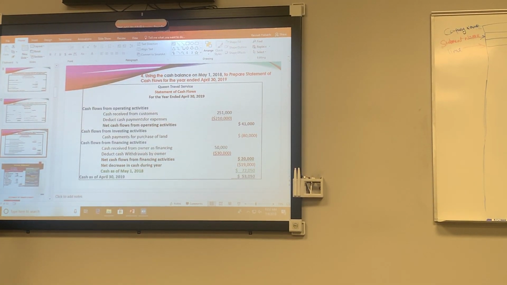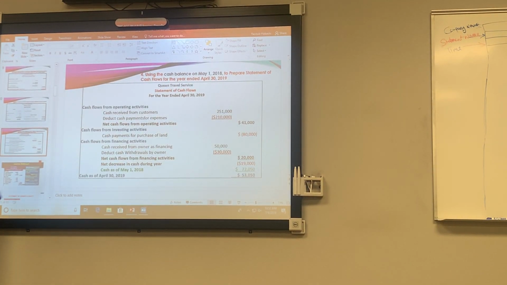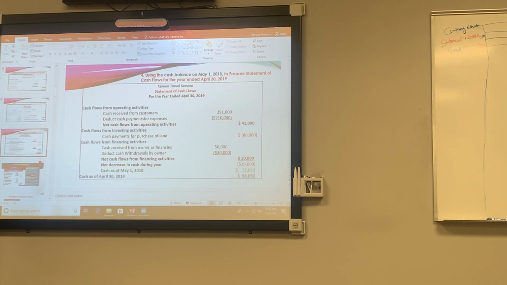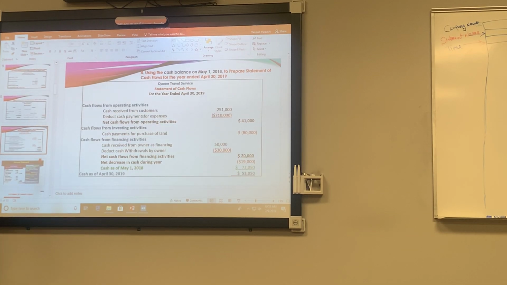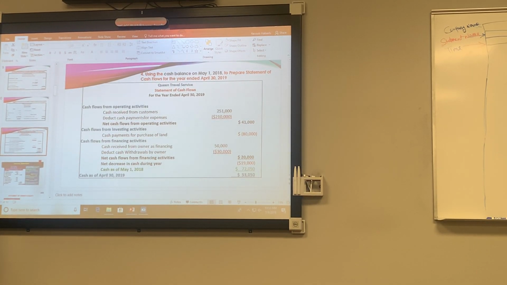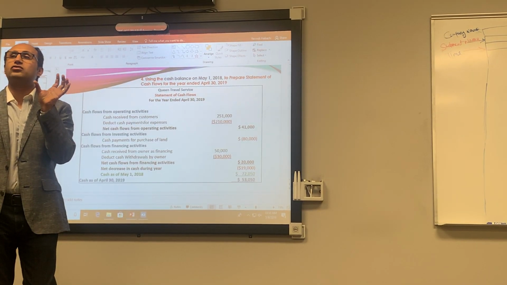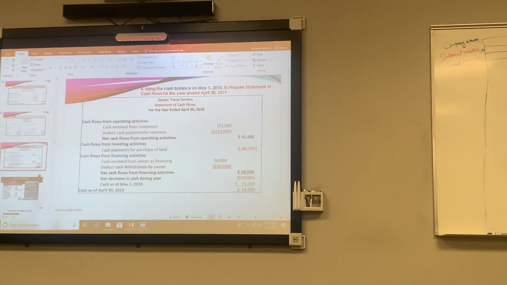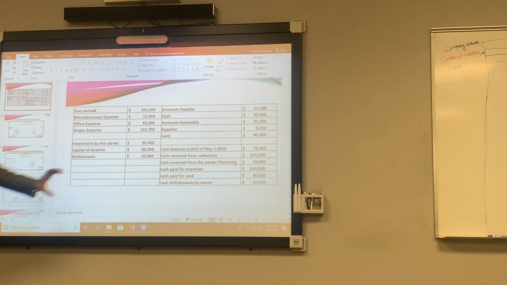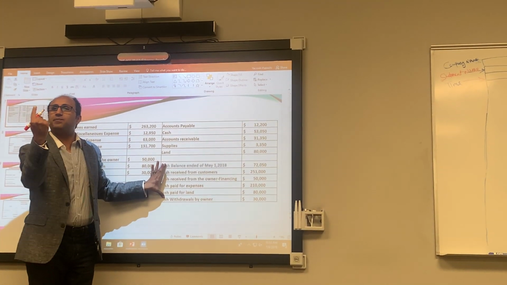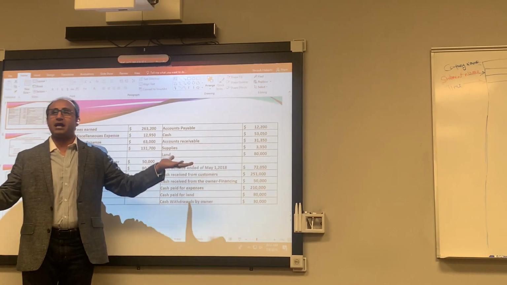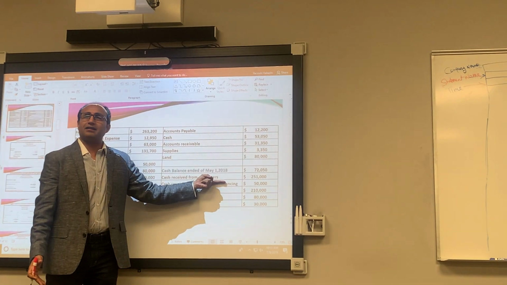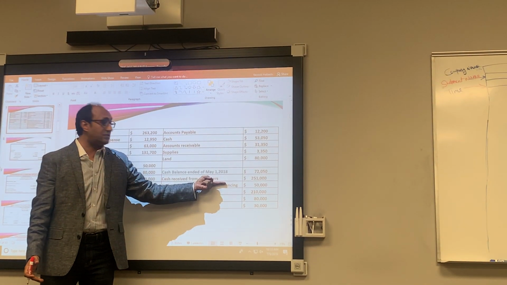We use that data from the table. I just give it to you and put it. Just copy paste. So what's the problem? It's complicated with the other three statements, which had more than just addition and subtraction. But here we will use all the information on the right side in the table to prepare this statement. Except for one, which I will use from the last one, the balance sheet. That's it, it's clear. I will use cash received from the customer under operating activities.